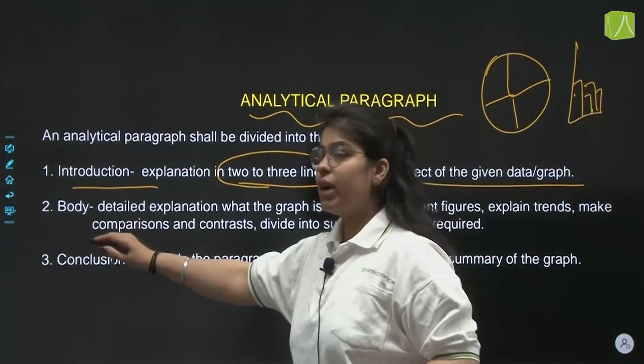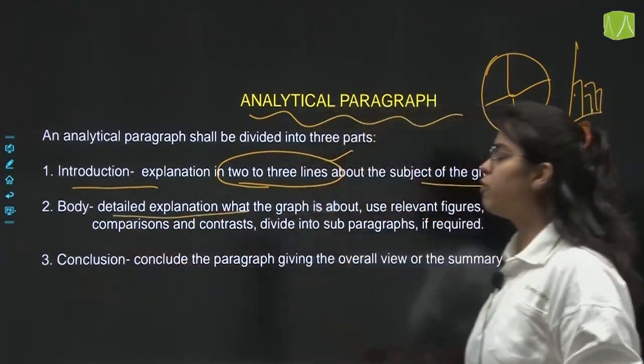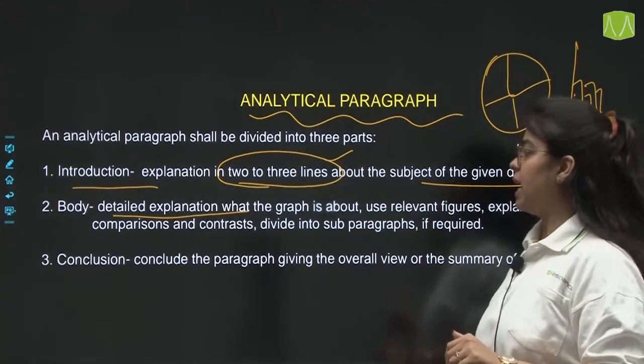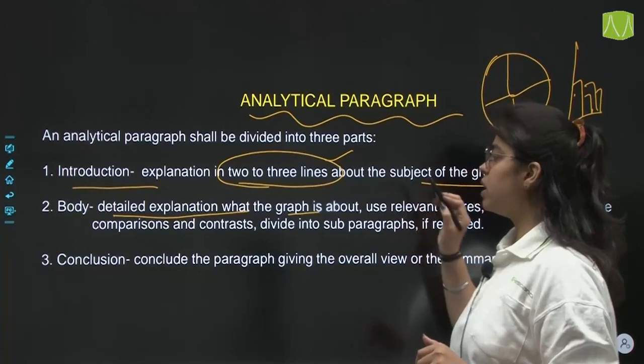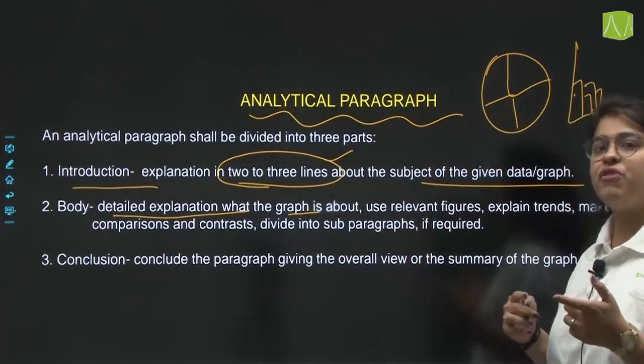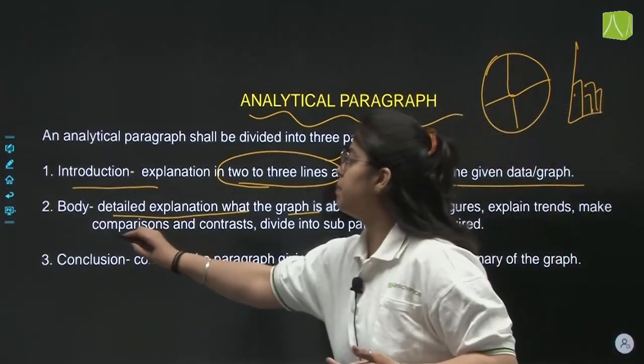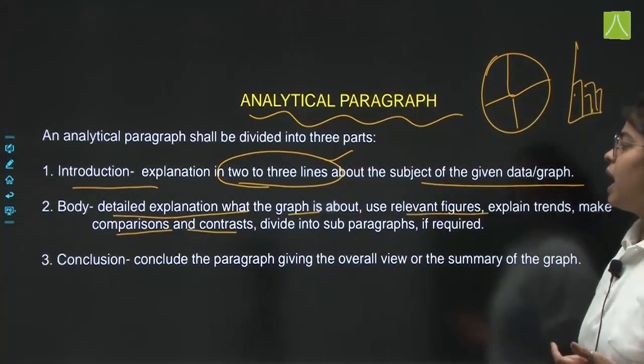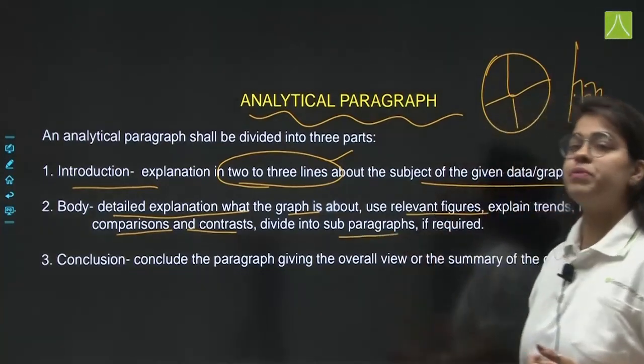Then the body. Body says the detailed explanation of what you have seen in the graph and what you can conclude with that. So here you will write about the graph, what is given, what differences you can see, what is the comparison or the contrast, what are the relevant figures provided to you, and then you can subdivide it into different paragraphs.